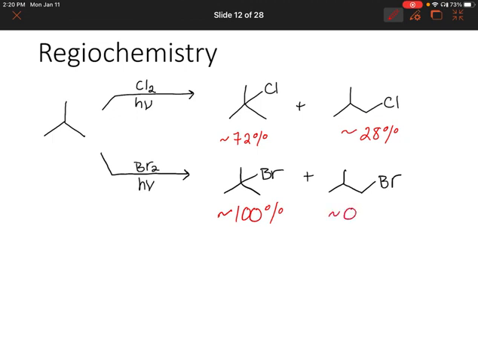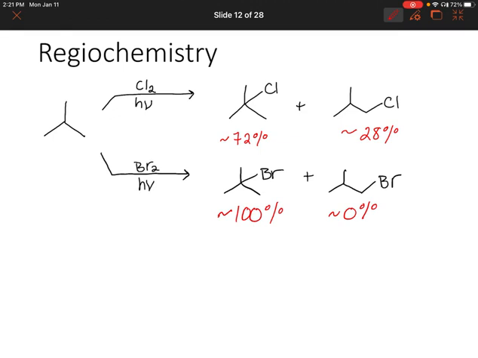And then about 0% is our other product, where we form a primary radical. So you might end up with a little bit of that one, but it's not significant to any extent. Okay, so why does bromine form the more stable radical only? Why does chlorine form two radicals and two products?